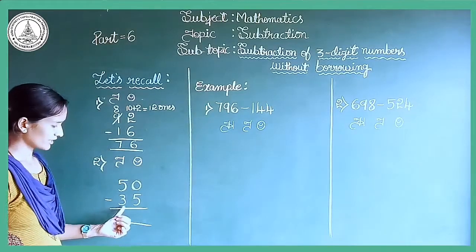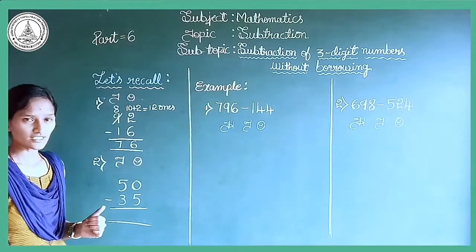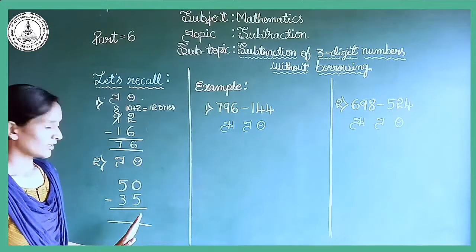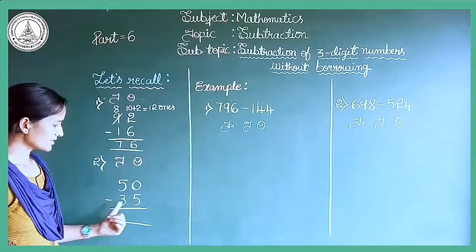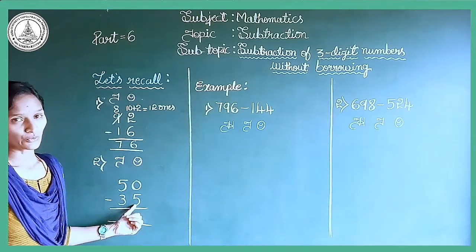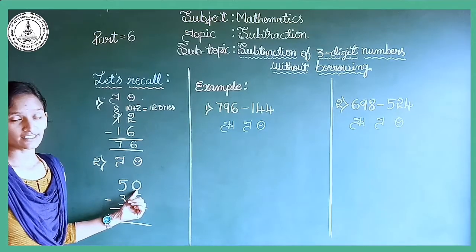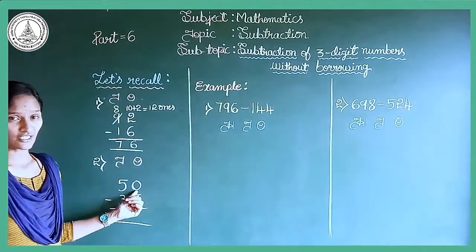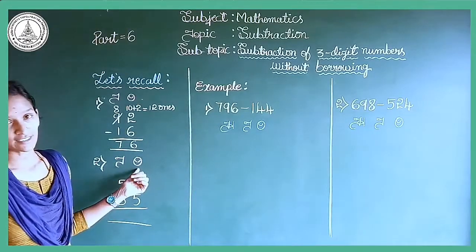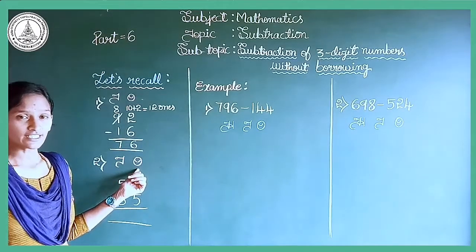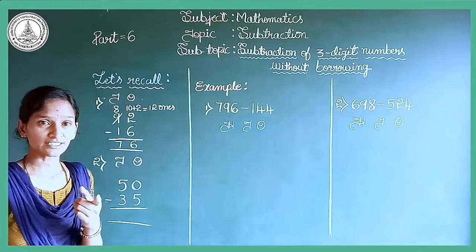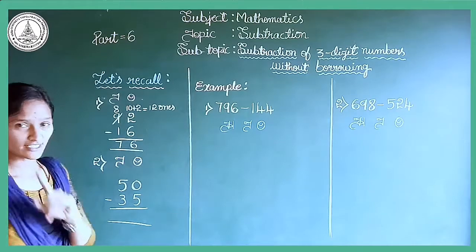50 minus 35. So first you have to subtract the numbers in the ones column. 0 minus 5. Is it possible to subtract? No, because 0 doesn't have any value, right? So we can take a borrow from the tens place value, that is how much? 1 ten. 1 ten is nothing but 10 ones, right?